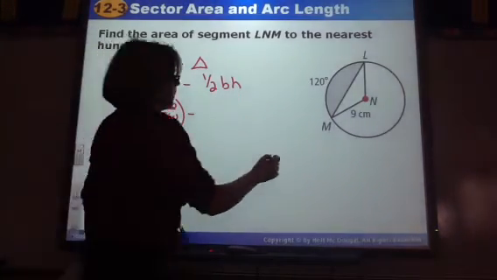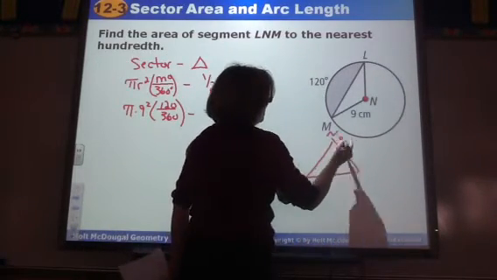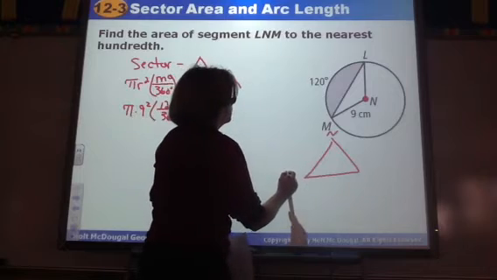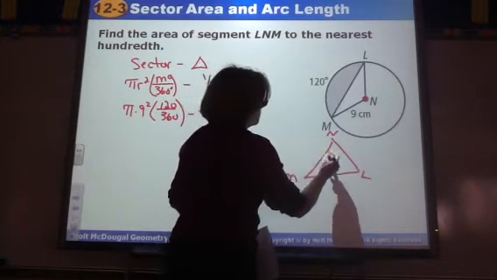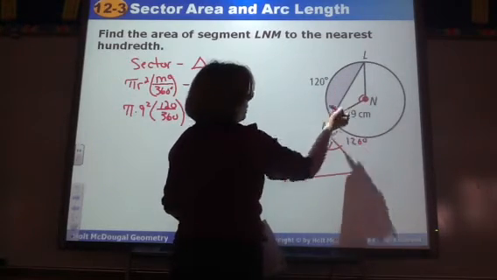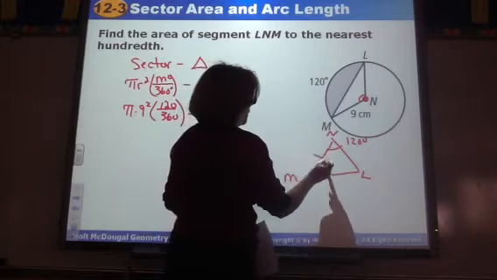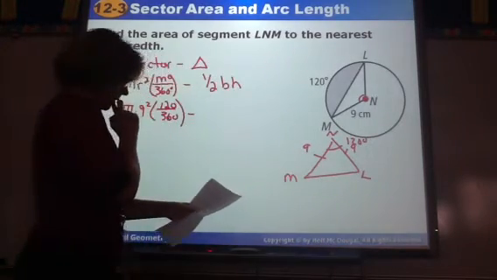Okay, so what we have here is 120 degrees, same as the arc. This is 9 and this is 9 because, excuse me, those are radii.